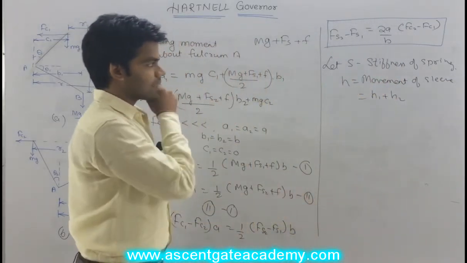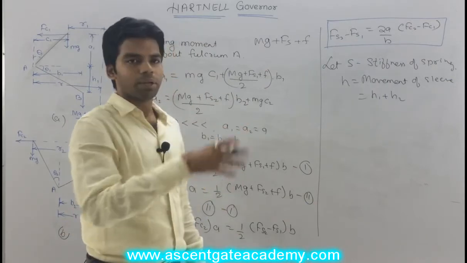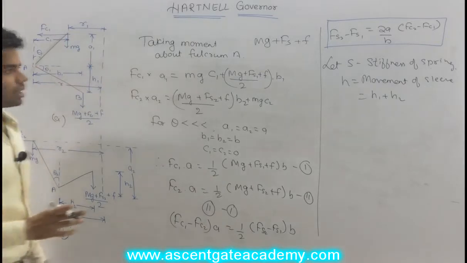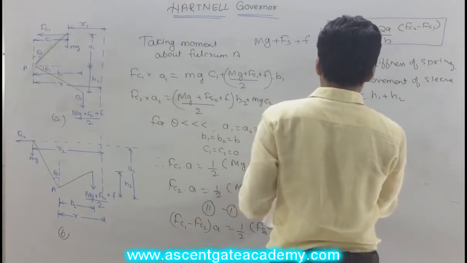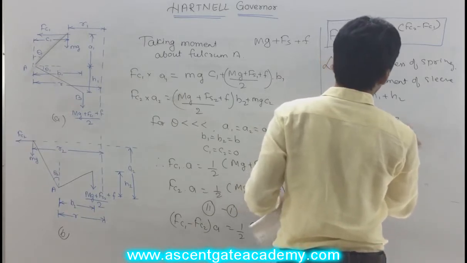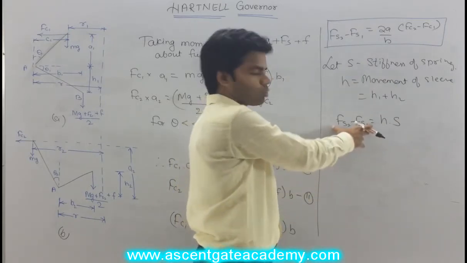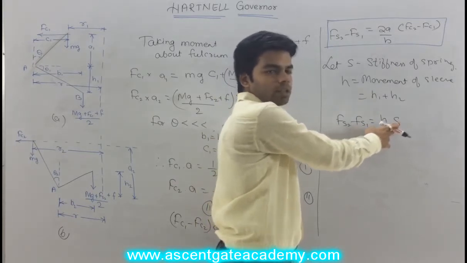Okay, capital S we are taking as the stiffness of the spring, and small h is the total movement of a sleeve. And this total movement of a sleeve is nothing but h1 plus h2. Now this Fs2 minus Fs1 is net force, and this is equal to spring constant into displacement.